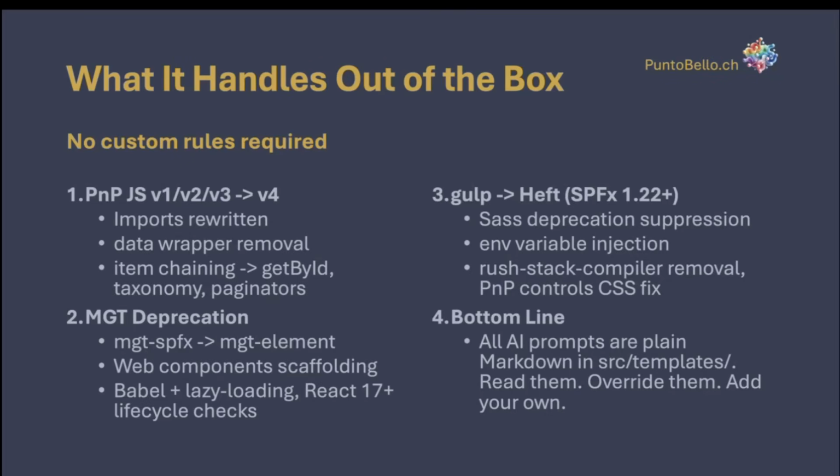It also handles this MGT deprecation from MGT SPFx to the MGT element. It is a bit opinionated, but it also automatically does a Gulp to Heft migration. So don't use it if you don't want Heft, because it automatically does this. It also bumps the PnP companion packages.